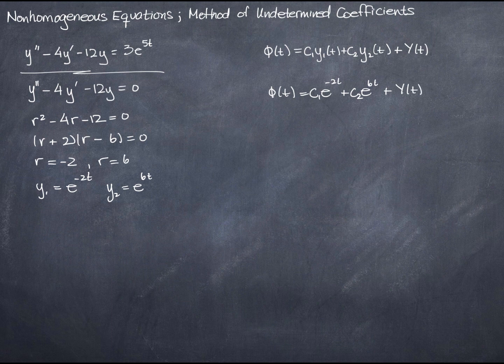Now, there are those who would argue that you don't really need to do this at this stage, because if you look at this thing right here, you're going to have a function that's a solution. You're going to take its derivative, and its derivative again, and add up some combination of those things. And when all is said and done, you're going to have a function of e to the rt, e to some power including t.